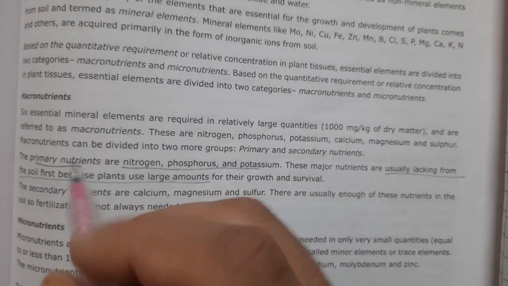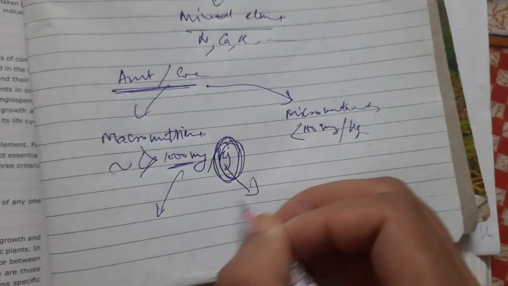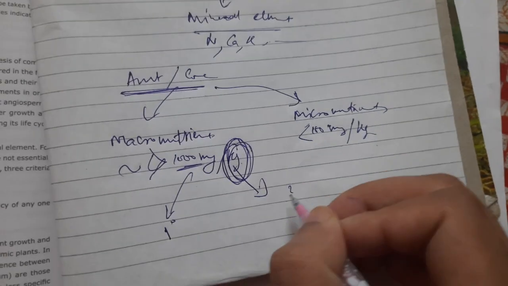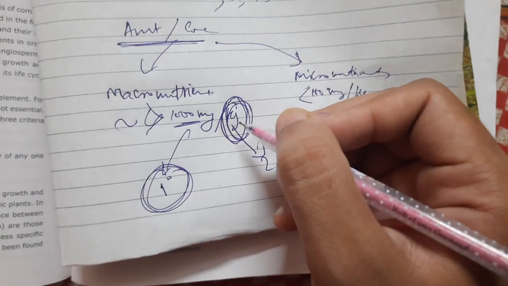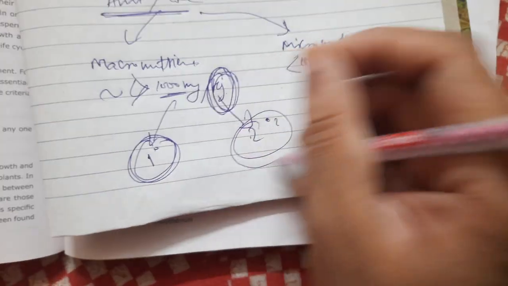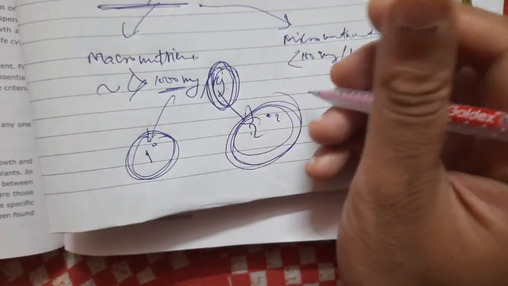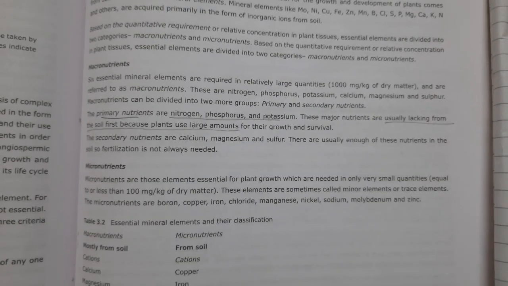Even macronutrients can be divided into two types: firstly, primary, and secondly, secondary. Primary are the nutrients which are absorbed first from the soil because they are needed in huge amount, and secondary are not that instantaneously absorbed and finished in the soil, because they are not that much needed.